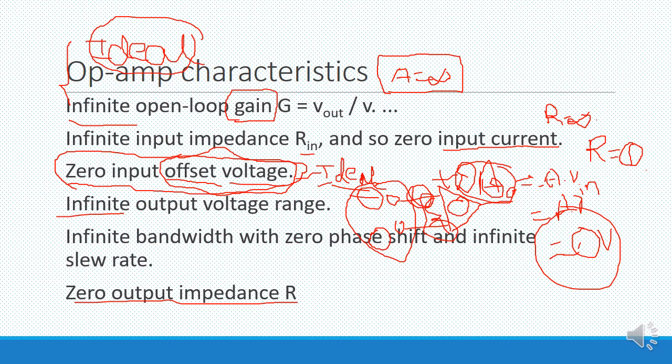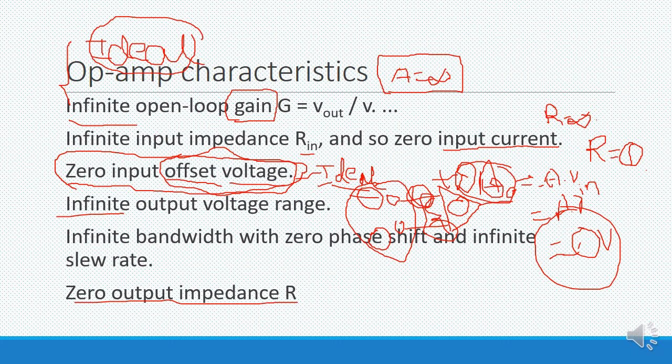Ideal is nothing but what? 100%. That is why we get infinite gain and infinite resistance. Practically, it is not possible. Only for the ideal op-amps is it possible.